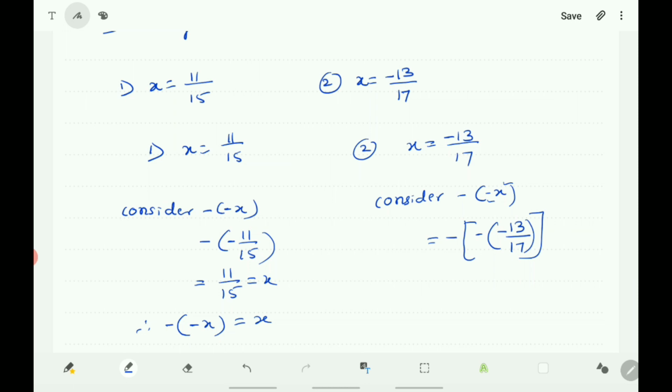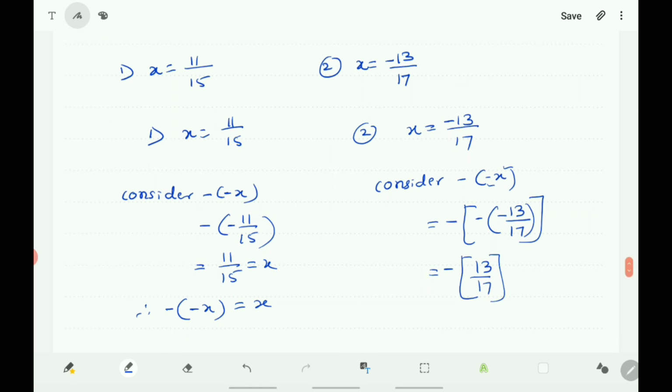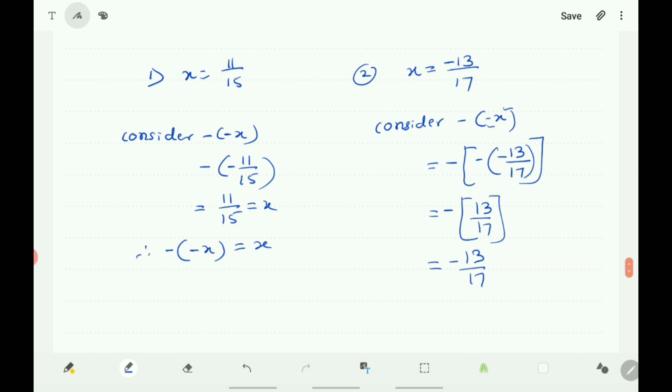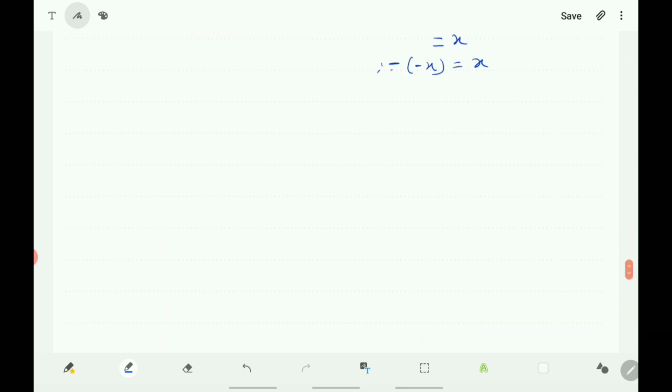So it is minus of minus 13 by 17. Now you write minus outside, and if you open this bracket, minus of minus becomes plus 13 by 17. Then it is 13 by 17, that is equal to x. Therefore you can say that minus of minus x is equal to x.